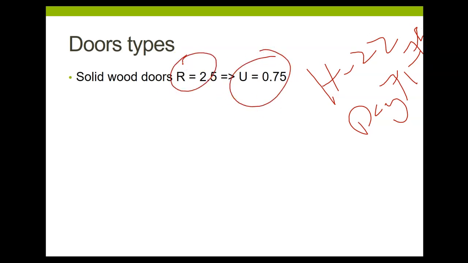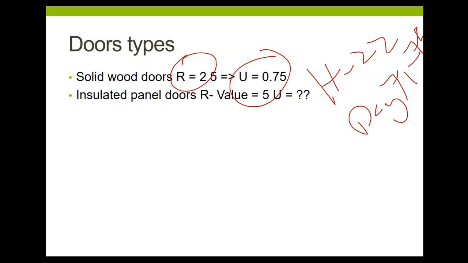If it's not there, you can always look it up based on the type of door. It's also good, whenever you purchase a door, to ask what the R value and the U factor are. And now you know what that means and how it would affect your heat transmission.